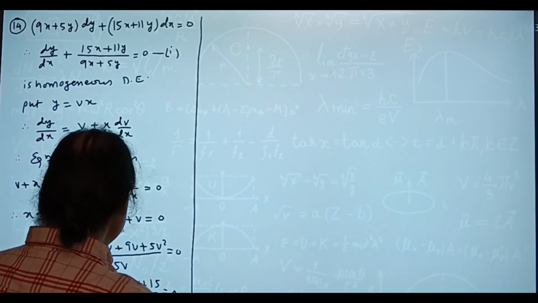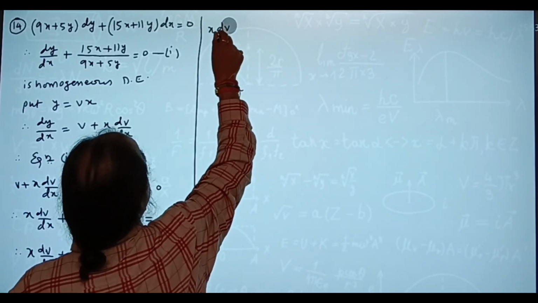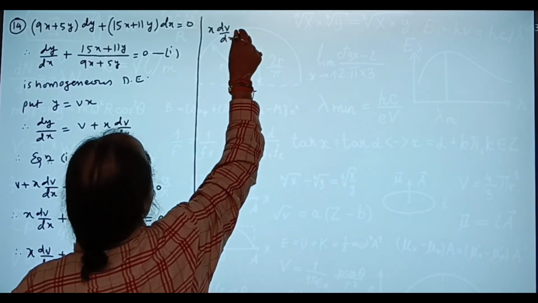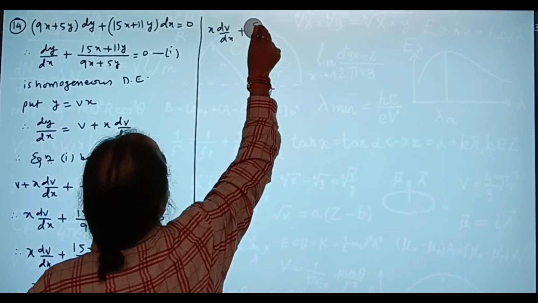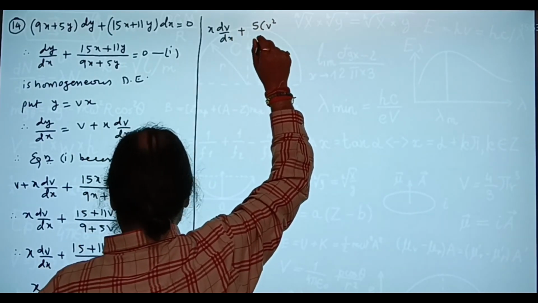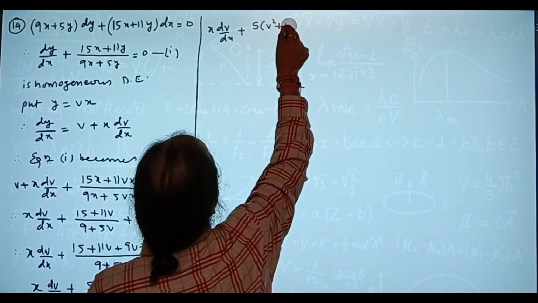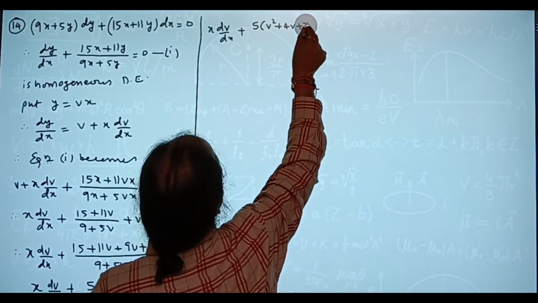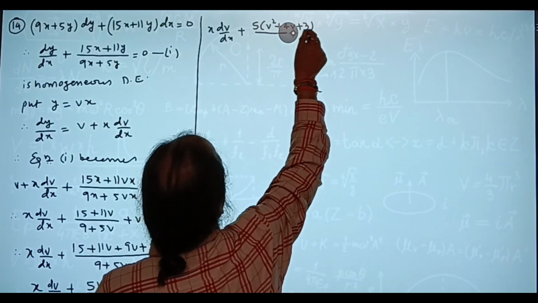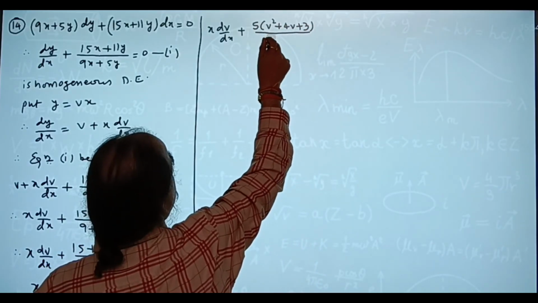We can take 5 common. So x dv by dx plus 5 common, v square plus 4v plus 3 divided by 5v plus 9.